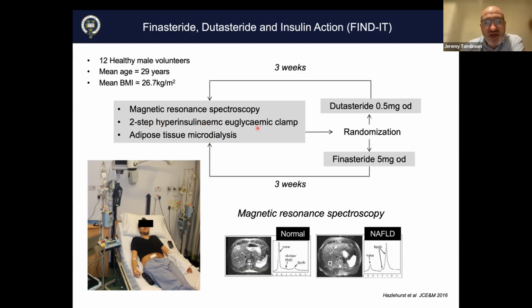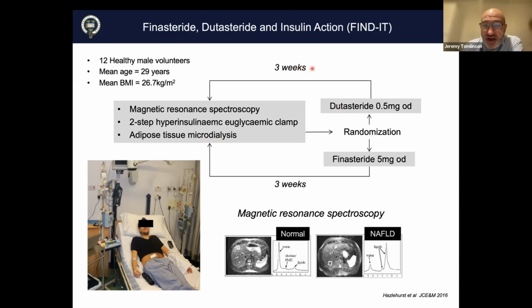So it's a gold standard way of assessing insulin sensitivity, but we can also look at glucose metabolism by using stable isotopes to trace the fate of glucose. And then we used adipose microdialysis to sample not only from the circulation, but also from the interstitial fluid within adipose tissue to get a handle principally on what was happening to lipolysis.